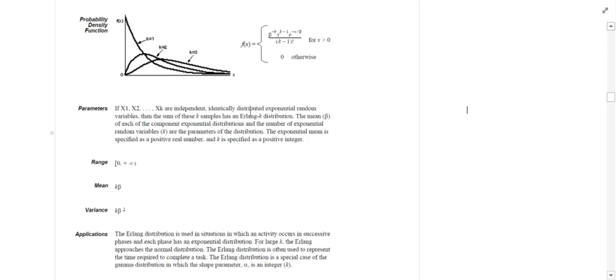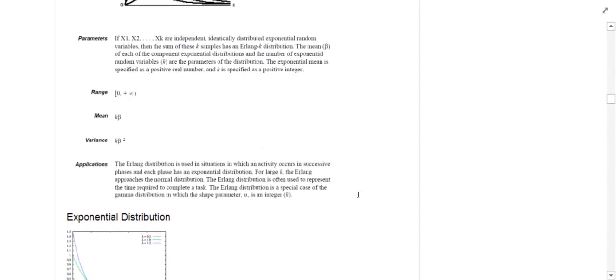The key words here are independent and random, and of course that they're exponential distributions. The Erlang distribution is used in situations in which an activity occurs in successive phases, and each phase has an exponential distribution. For large values of k, the Erlang approaches the normal distribution.